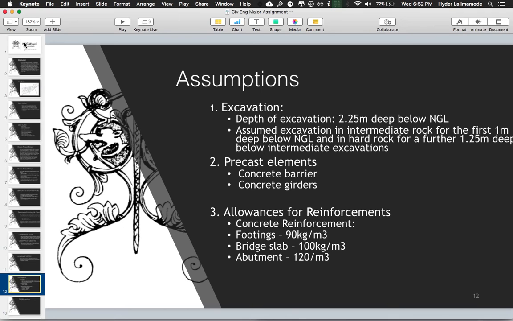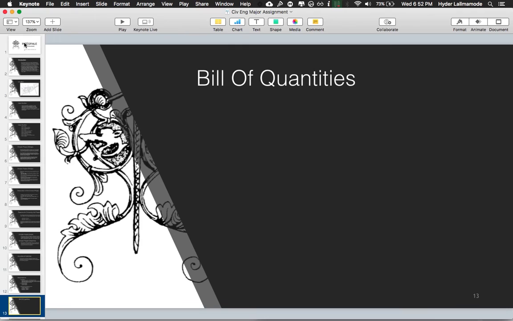The precast elements that were identified were the concrete barriers and girders, and the allowances made for reinforcement for footings was 90 kilograms per cubic meter, for bridge slab was 100 kilograms per cubic meter, and for abutment is 120 kilograms per cubic meter.